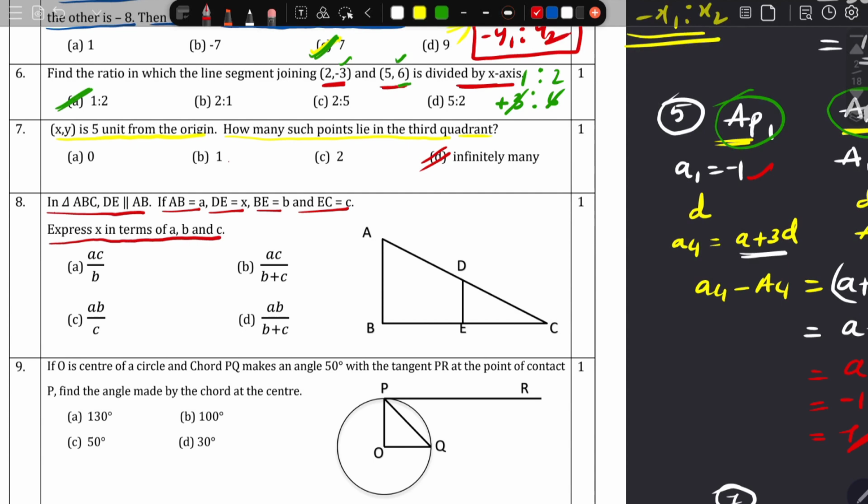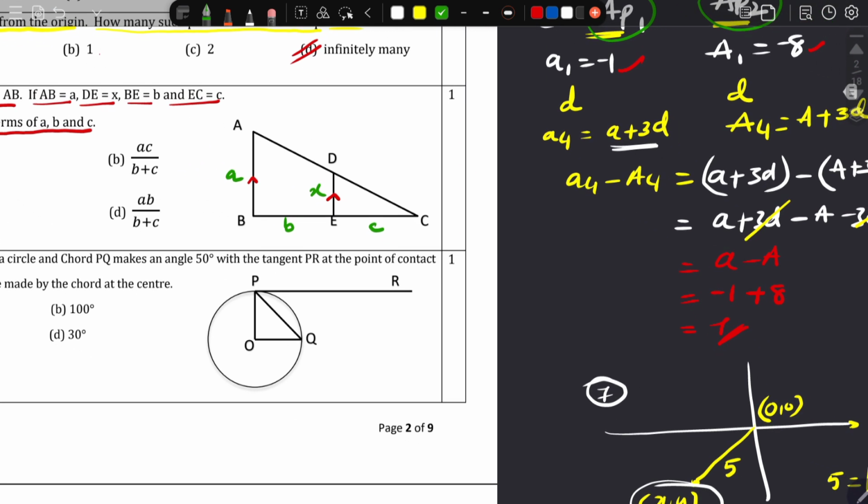This question belongs to the triangles topic and we should apply the similarity rule. We are given that this is parallel to this, and the measurements are given where AB is equal to small a and DE is equal to small x, BE is equal to small b, EC is equal to small c. We need the value of x in terms of a, b, c.